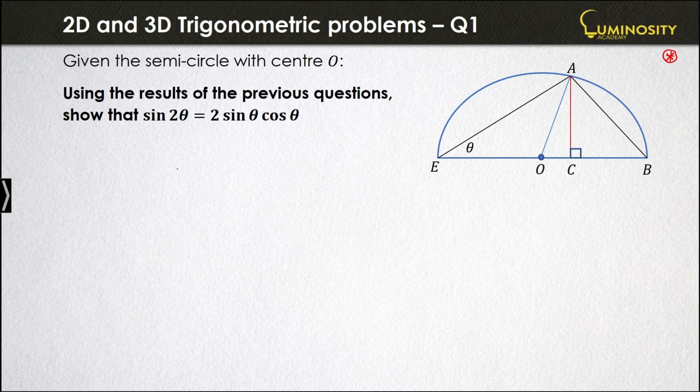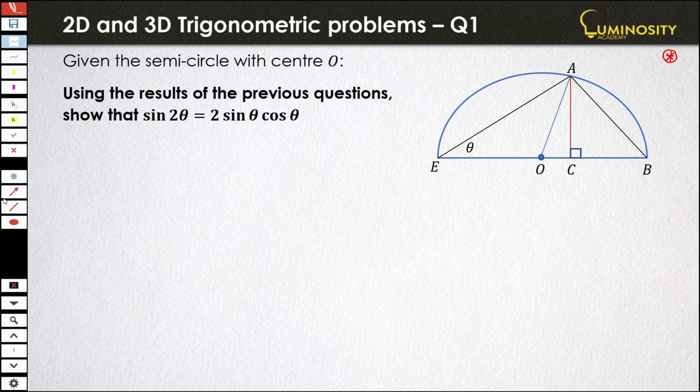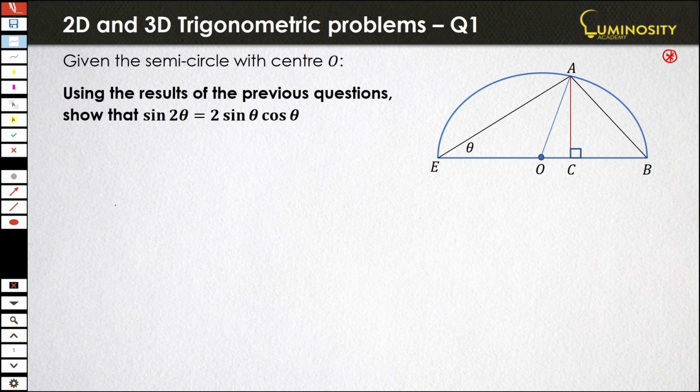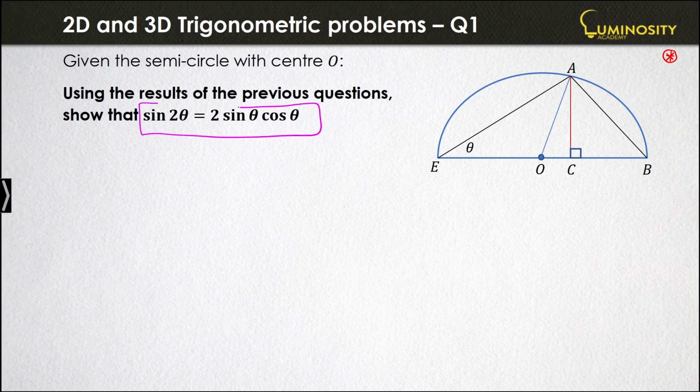And then lastly, using the results of the previous questions, show that sine 2 theta is equal to 2 sine theta cos theta. So these are the famous trig double angle formulae. Now we can actually prove it using this geometrical argument that we've constructed. We've seen the algebraic proof of it, so this is a nice geometrical proof of it.